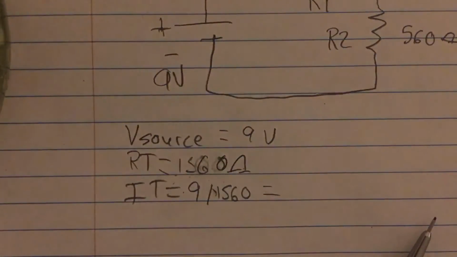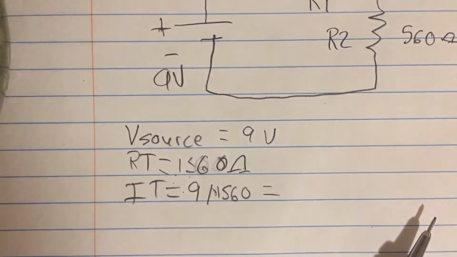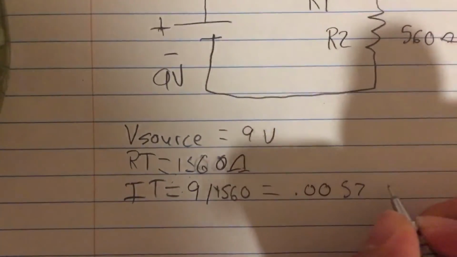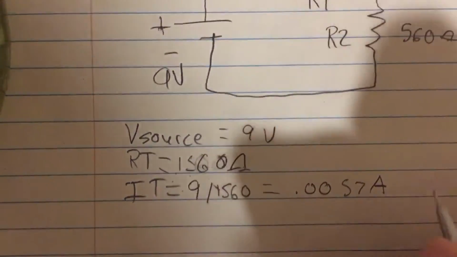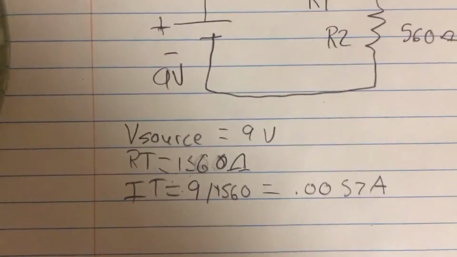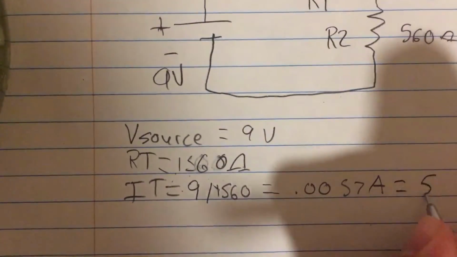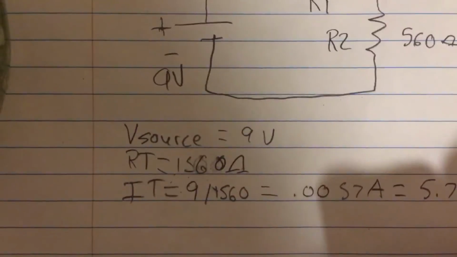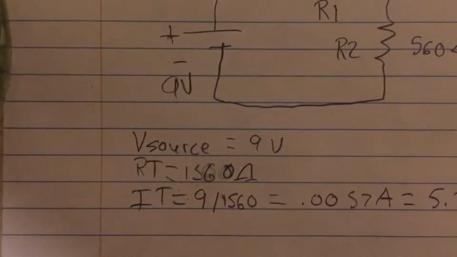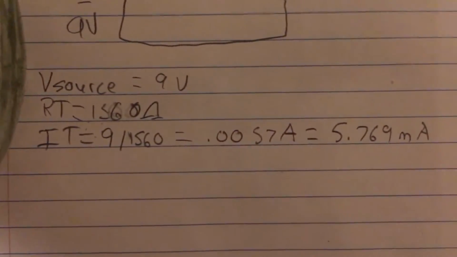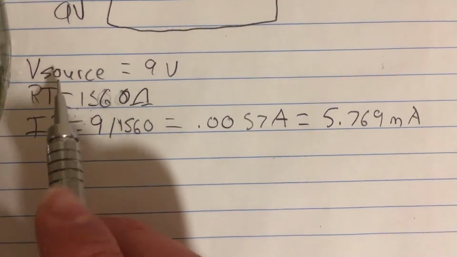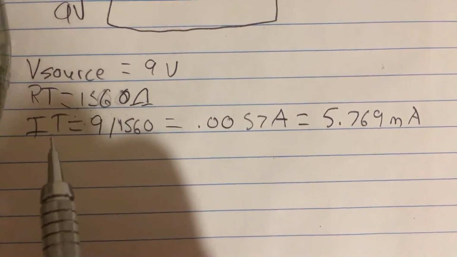It would equal 0.0057 amps, or 5.76 milliamps. So now we know V total, R total, and I total.